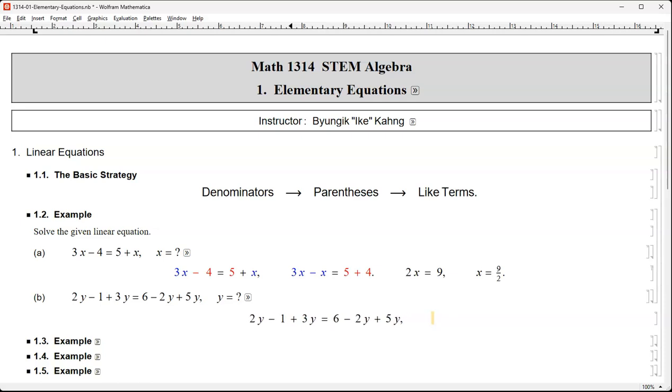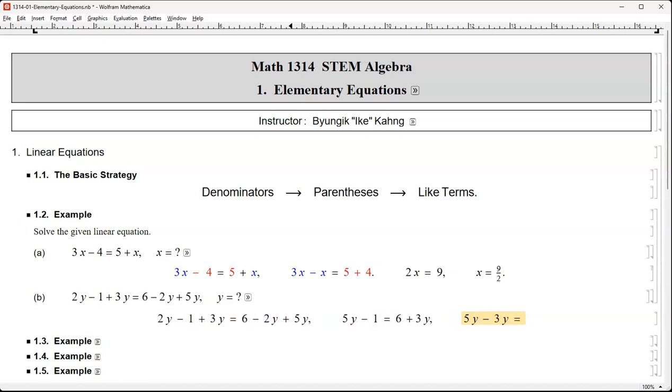Did you get it? Let's see, 2y plus 3y, so 5y, and then minus 1, and then 6 was there before, 5y, and then minus 2y, so plus 3y. Okay, 5y in the left hand side, and then flip this 3y to the other side.